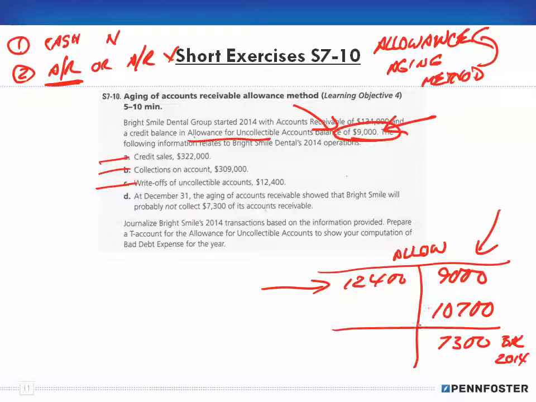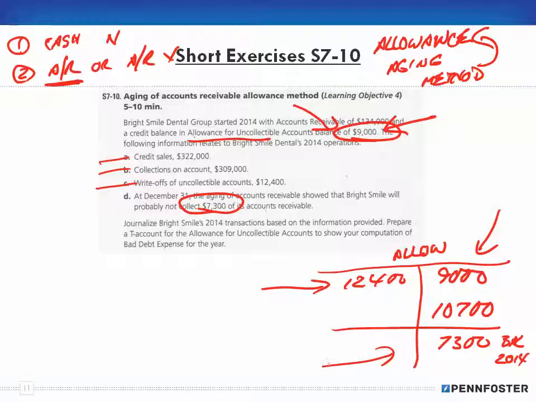We do these transactions throughout the entire accounting period, but when we get to the end of the accounting period, we actually age our accounts receivable and arrive at a new balance, saying, based upon what our accounts receivable are right now, I should have a balance of 7,300. But I have to make a journal entry in order to get to that 7,300.